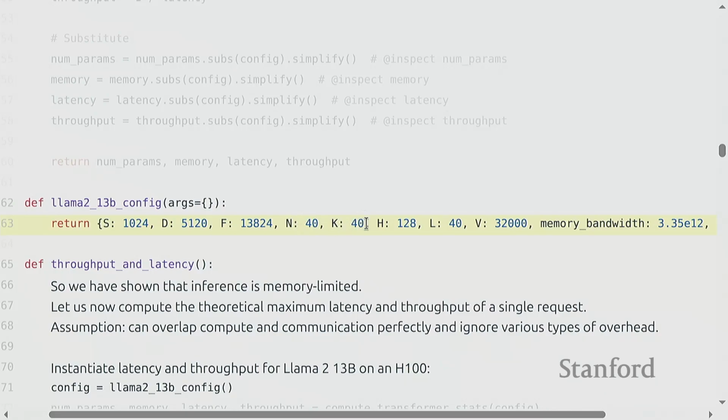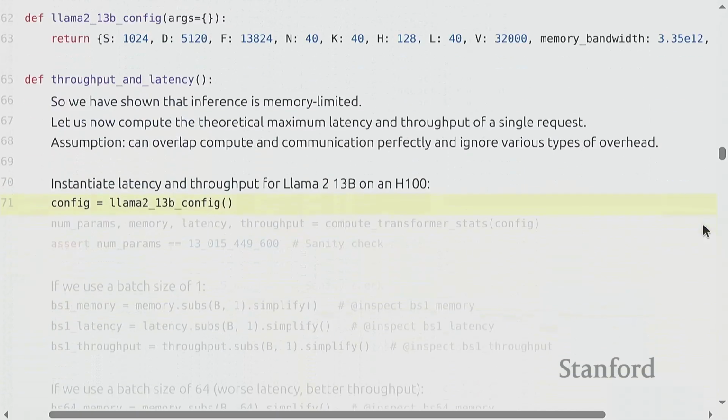We'll get to that point later. And for the memory bandwidth of H100, that's the number.